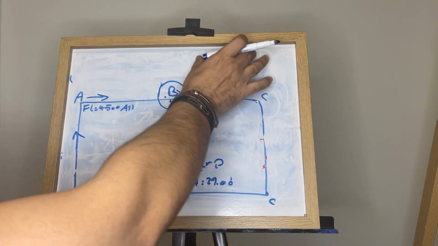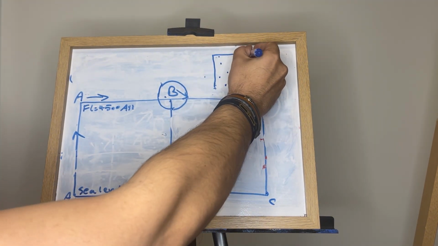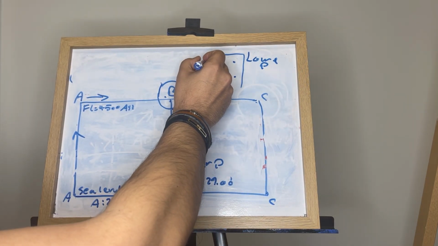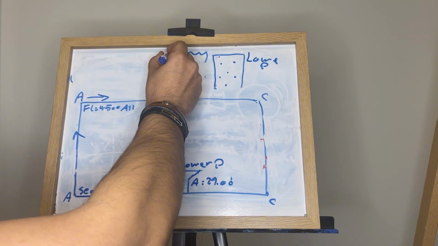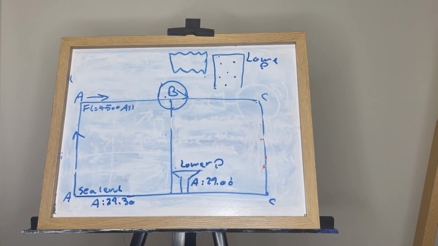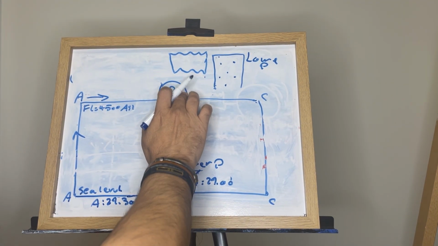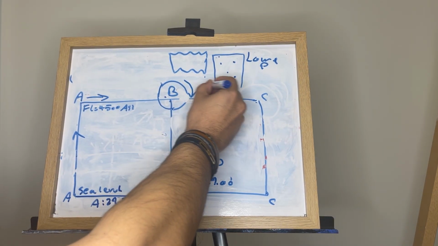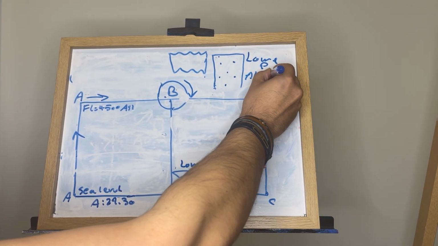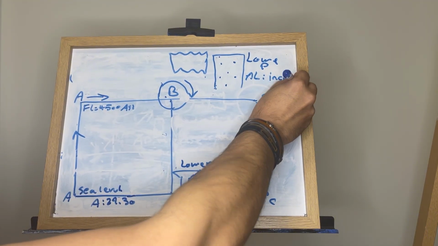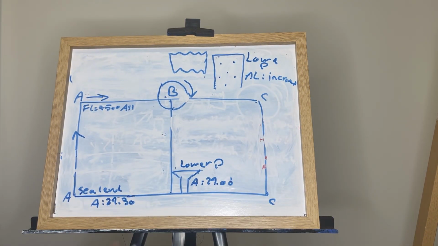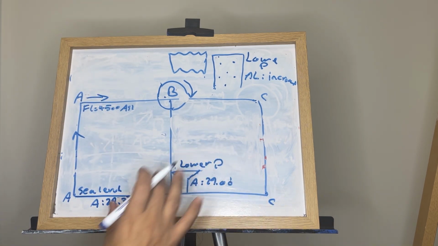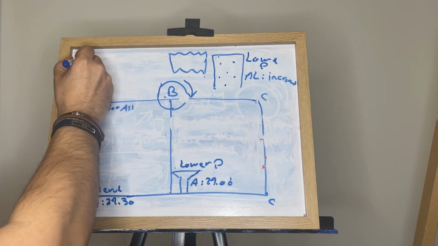So when the altimeter is located in this area of lower pressure, the aneroid capsule expands, right? Resulting in the altimeter showing an increase. How much increase? We can subtract this number from this number.